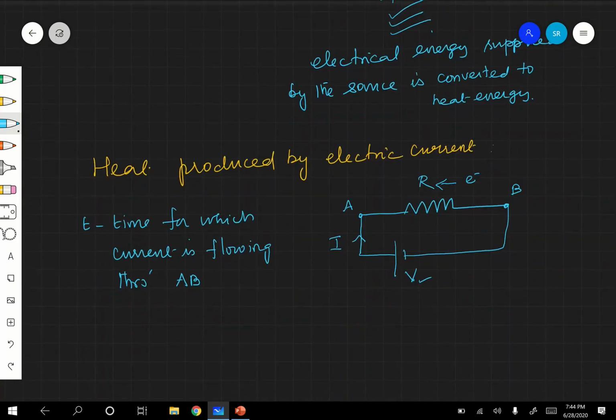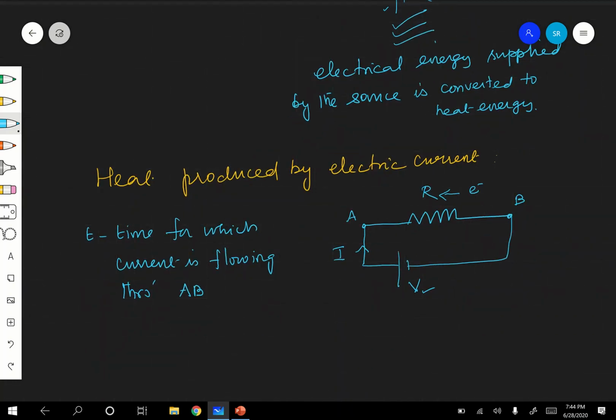Are you following? Now it is very, very important. Let there be n number of electrons. N electrons are moving from B to A. Therefore, how many charges are moving from B to A? That is minus Ne. Are you following?